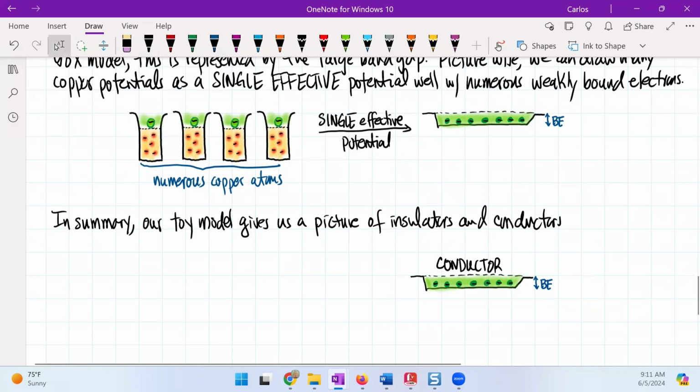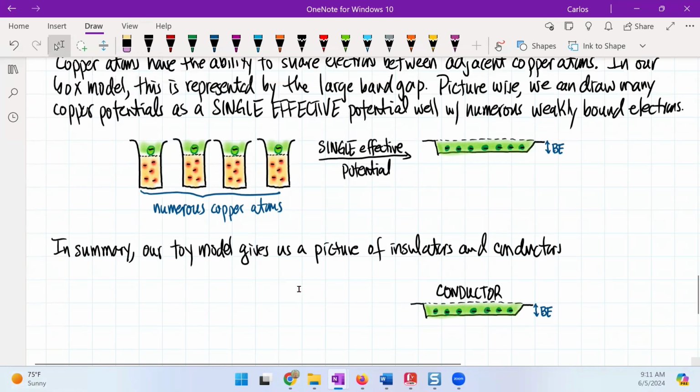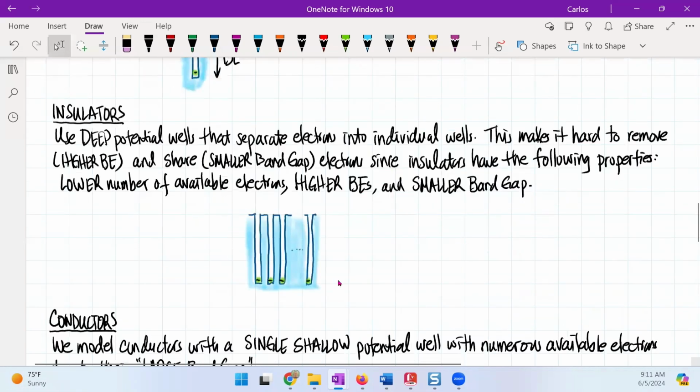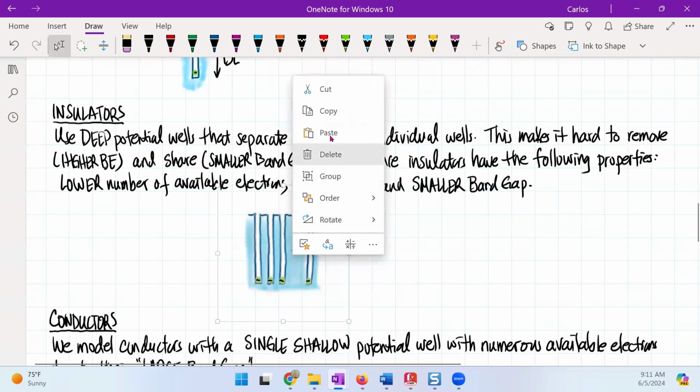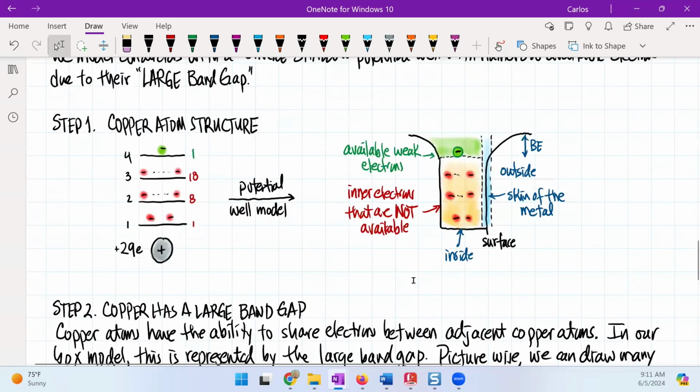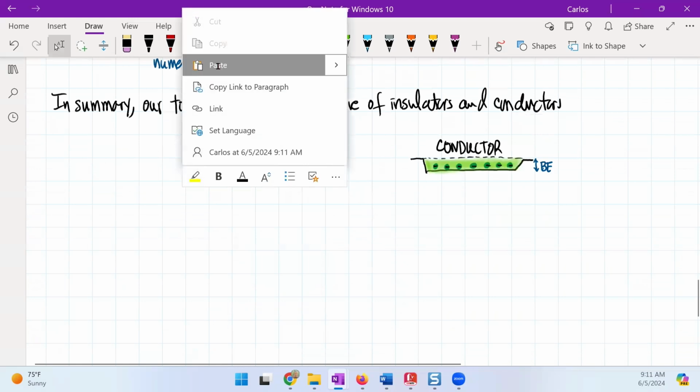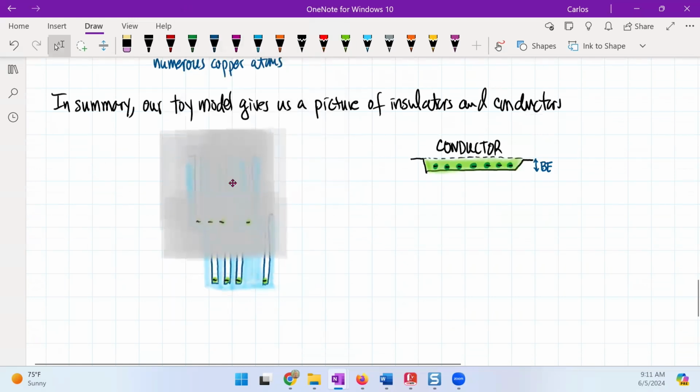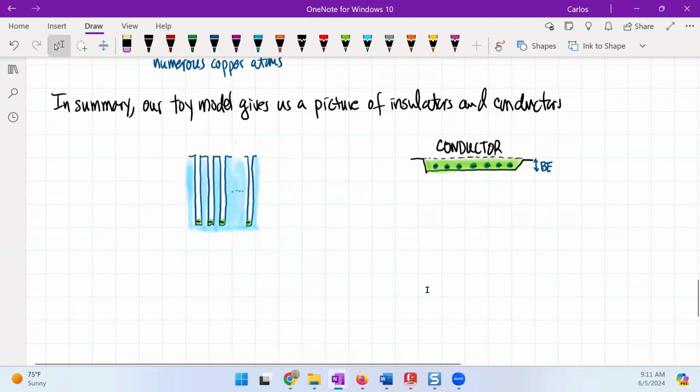On the other hand, I have insulators. So let me go grab this guy right here. So if I grab this guy here and I bring it down and I paste this here, what you're finding here is that this represents an insulator.